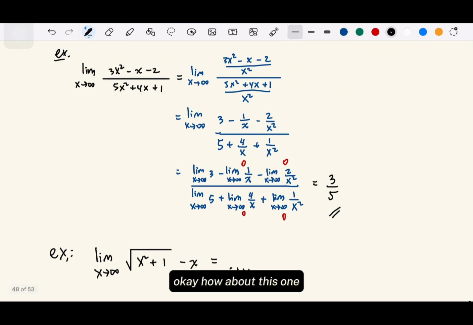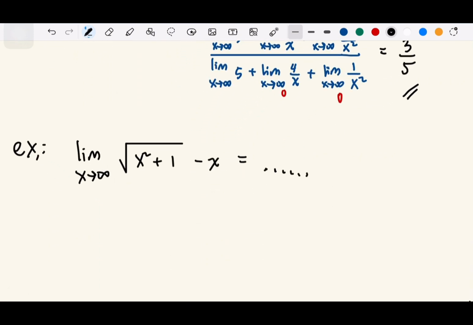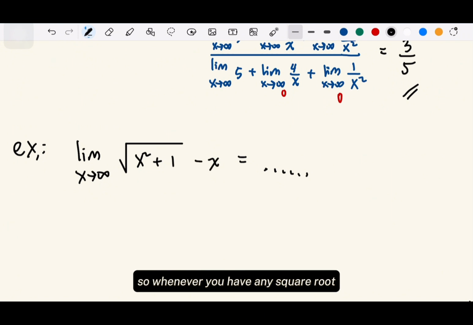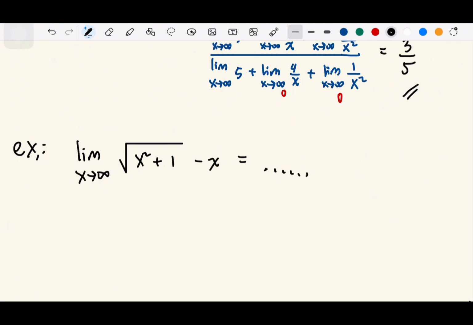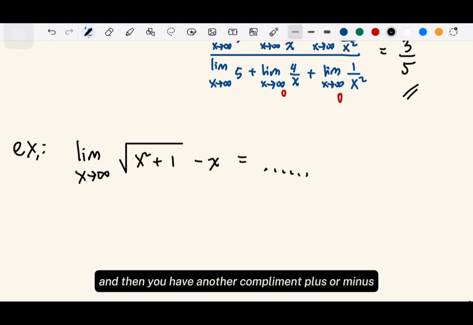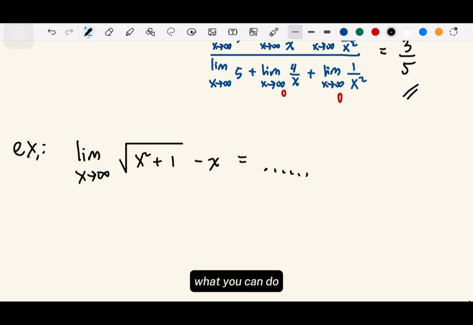Okay, how about this one? Whenever you have any square root, and then you have another component plus or minus, what you can do is try to rationalize. We call it rationalizing this root.